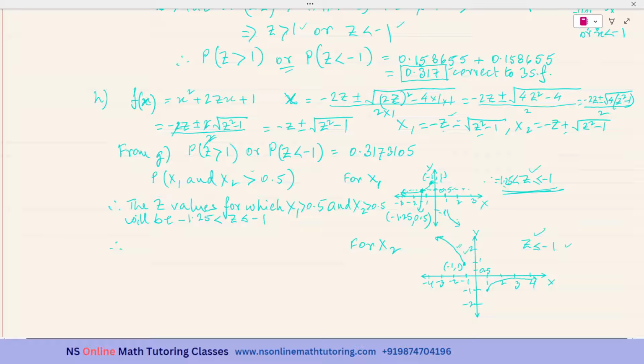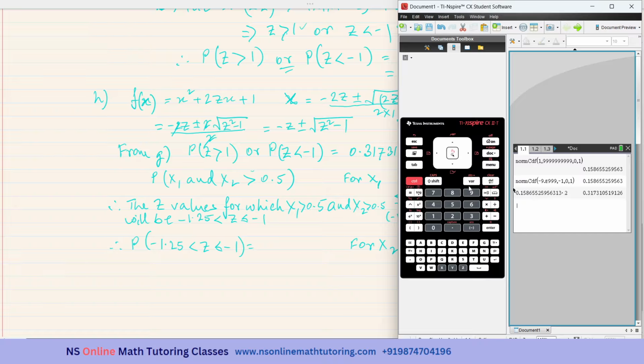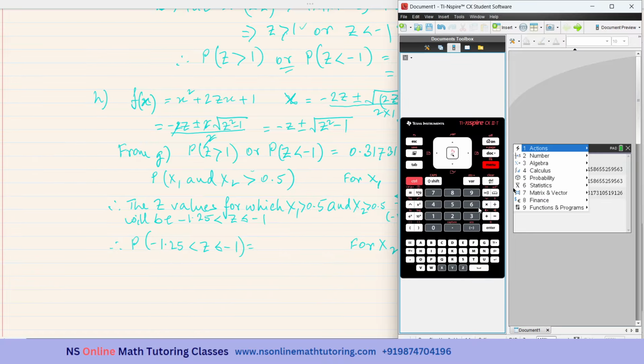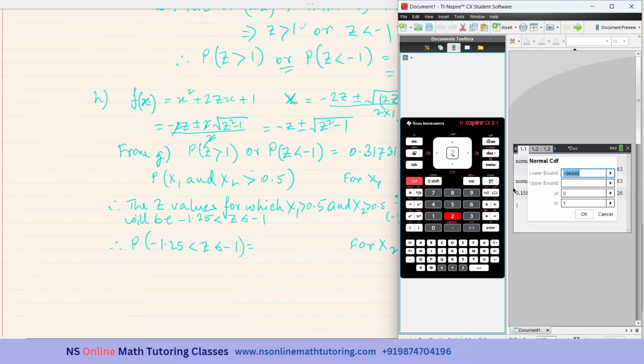Okay. Therefore, we have to get the probability. Negative 1.25 is less than z is less than or equal to negative 1. So this should be equal to, let us find. We move to the calculator page once more and menu, and then okay, this time let me take statistics number 6 and then again number 5 distributions and number 2 normal CDF, and the lower bound is negative 1.25, and the upper bound is negative 1 and mu is 0 and the standard deviation is 1.